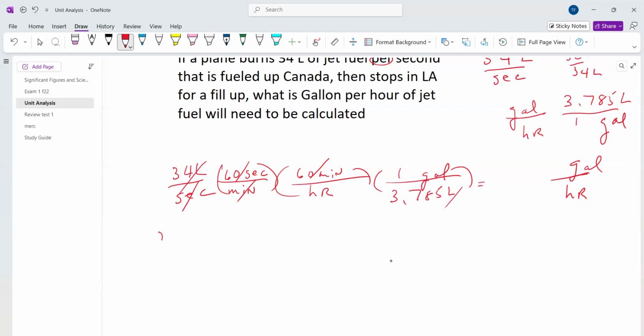Okay, so we've got two sig figs, infinite, infinite, and this was boldface, so it's infinite as well. So our answer is going to be two sig figs, which is 3.2 times 10 to the fourth gallons per hour.